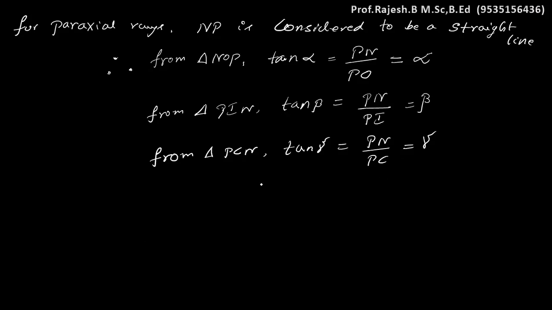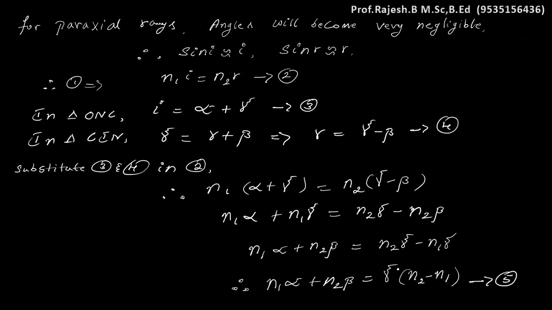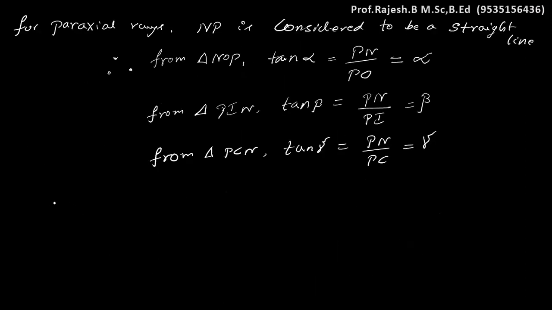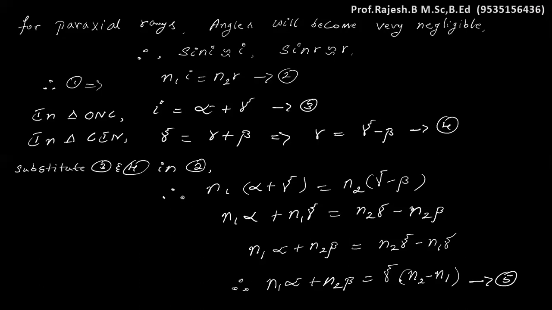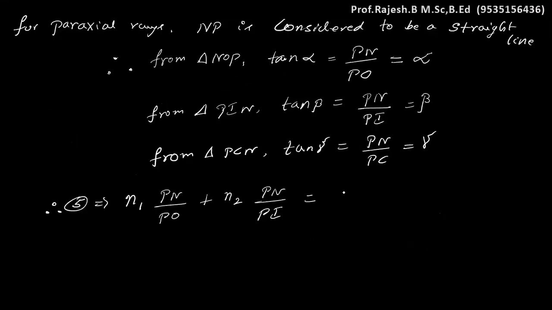Now substitute all these values in this equation 5. Therefore, equation 5 becomes N1 into alpha, alpha is PN divided by PO, plus N2 into beta, beta is PN divided by PI, is equal to gamma into N2 minus N1, right?